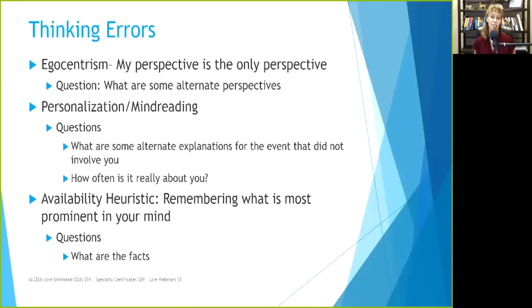Then the availability heuristic, remembering what's most prominent in your mind. So asking clients, what are the facts? The most obvious one that we talk about is plane crashes. It is way dangerous to fly on a plane because you hear about all those plane crashes.